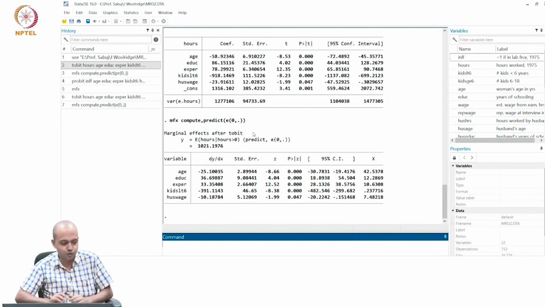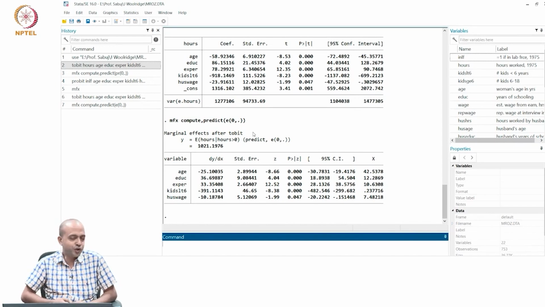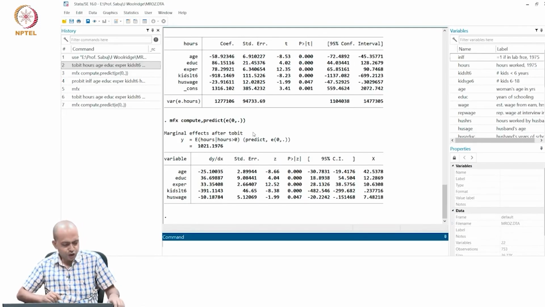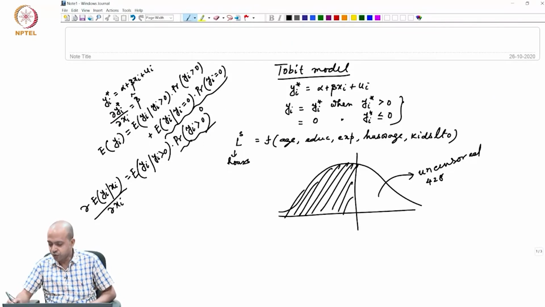So, that is how you can get the marginal effect of the Tobit model, and you should not directly use the coefficients from the Tobit model as the marginal effect, right. So, this is basically the Tobit model we have discussed.